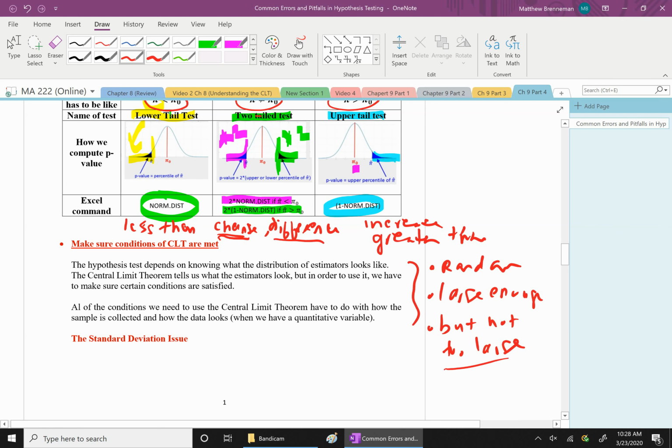And again, the reason why you need that is in order to compute the p-value, we need this normal distribution. And saying that the estimators have a normal distribution is only true if the conditions for the central limit theorem are met. If they aren't, and you use the central limit theorem anyway, then your generalization about the population, your conclusion, is not valid. Okay.